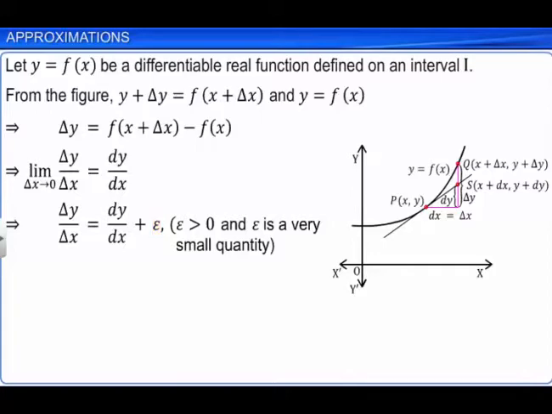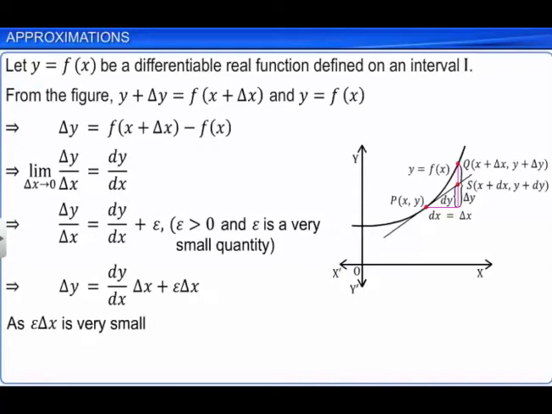Multiplying both the sides by delta x, we get delta y is equal to dy upon dx into delta x plus epsilon into delta x. Since the values of epsilon and delta x are very small, the product of these two quantities is negligible.